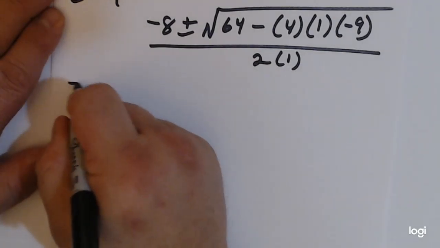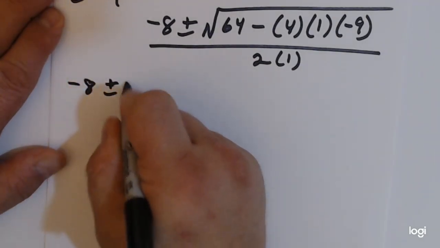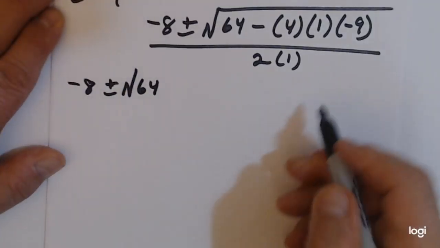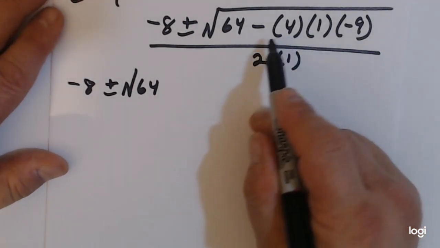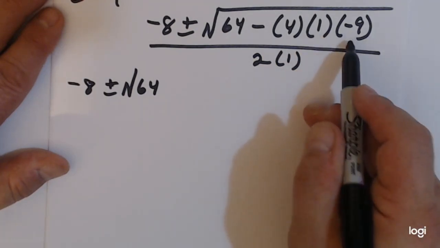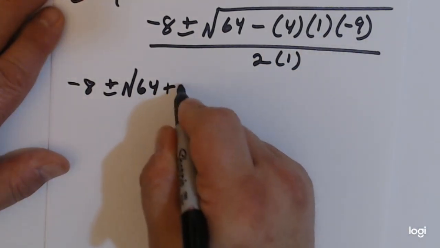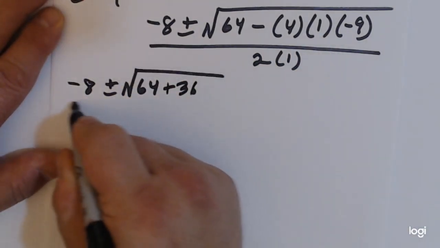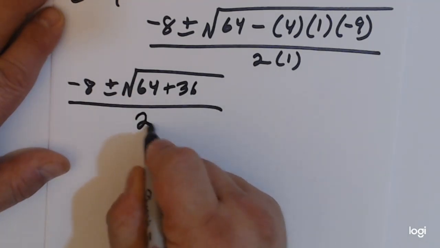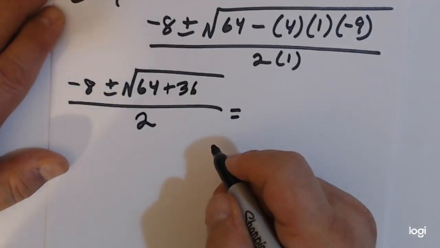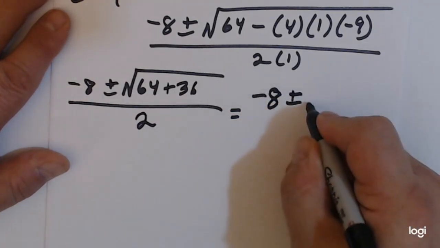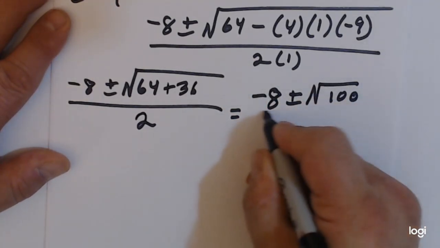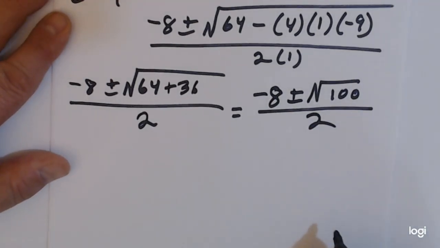So that gives us negative 8 plus or minus the square root of 64. Well, 9 times 4 is 36, so negative 9 times 4 is negative 36. So we have 64 minus negative 36. So it's 64 plus 36. That makes it easy, all over 2. So that's going to give us negative 8 plus or minus the square root of 100 over 2.